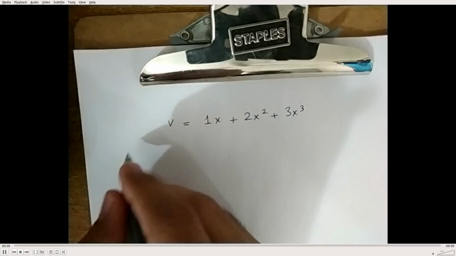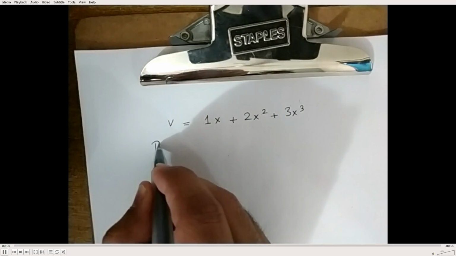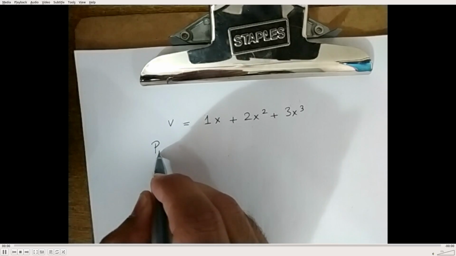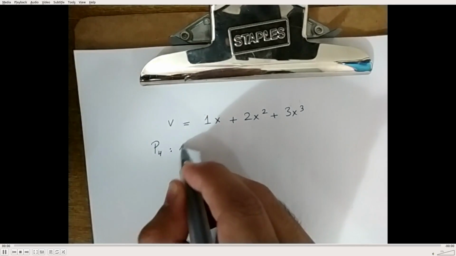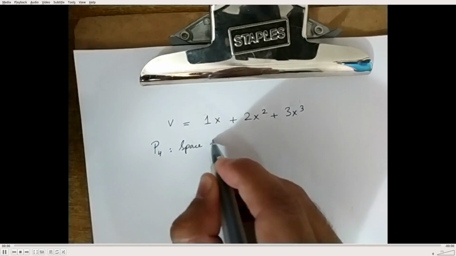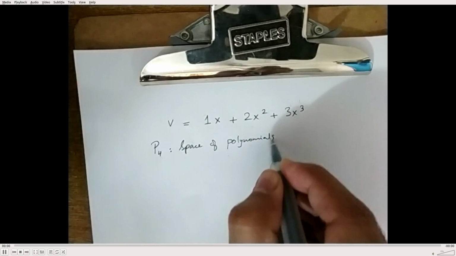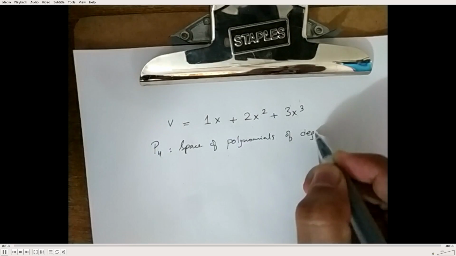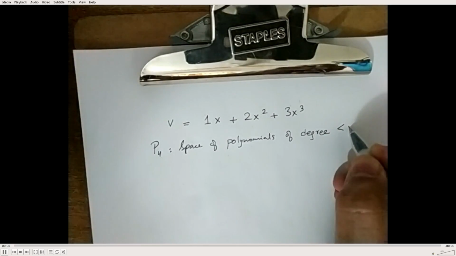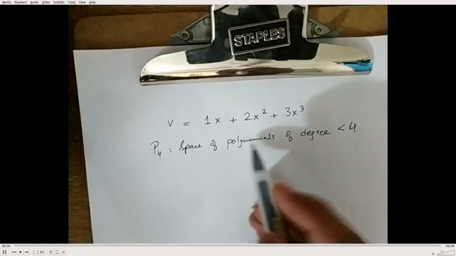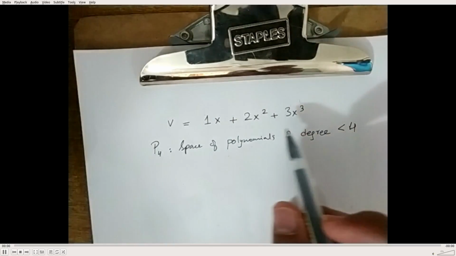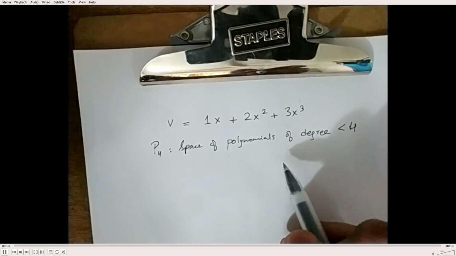And so I'm in the space P4, which is the space of polynomials of degree less than n, which is less than 4. So up until degree 3 polynomials.